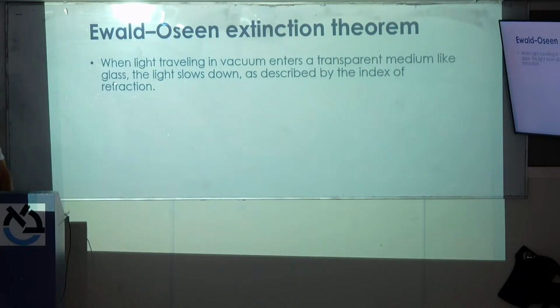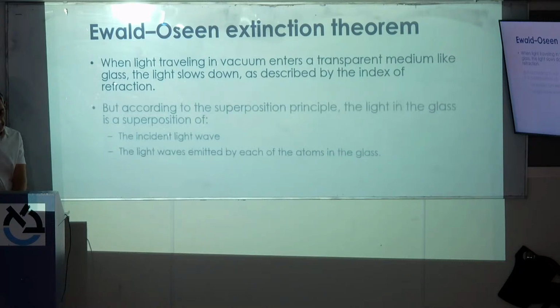So when light travels in vacuum and enters a transparent medium like glass, the light slows down as described by the index of refraction. But according to the superposition principle, the light in the glass is a superposition of what?